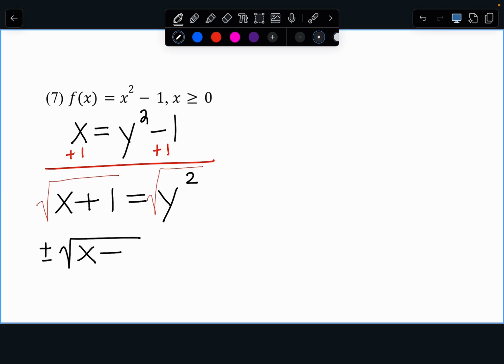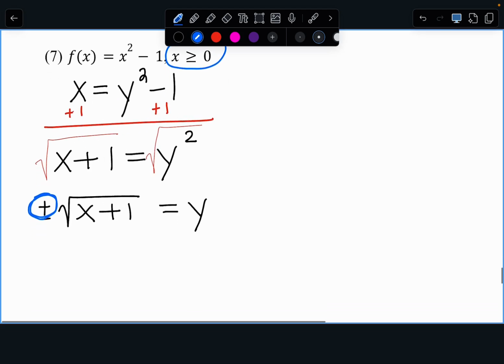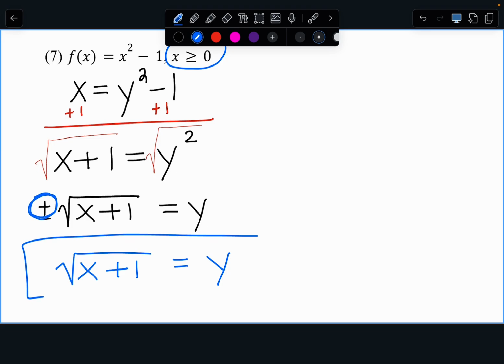But this one's a little different because, and I'm going to highlight this in blue, it says that x has to be greater than or equal to 0, which means I only need this positive version here. So my actual answer is the positive square root of x plus 1 equals y.